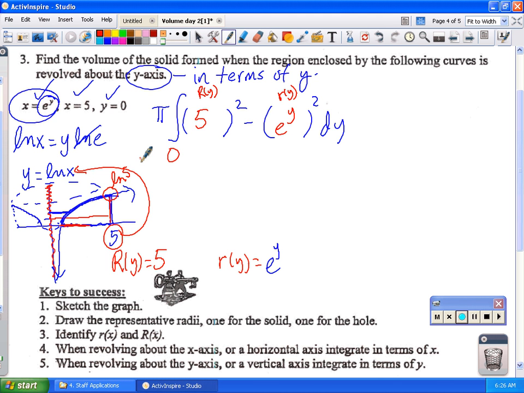So we're going to collect area from 0 to the ln of 5. Cleaning that up a little bit will give me pi from 0 to the ln of 5 of 25, that's 5 squared, minus e to the 2y dy.